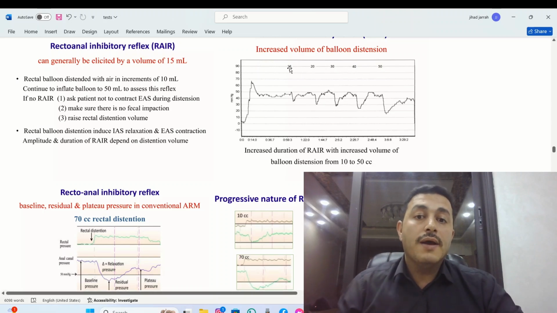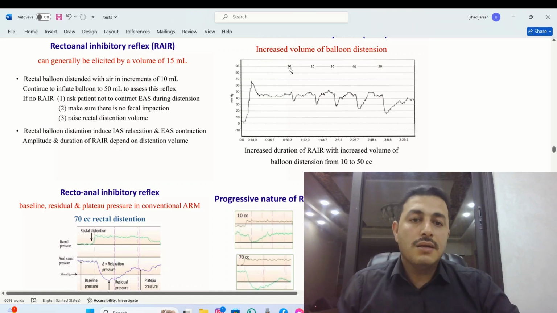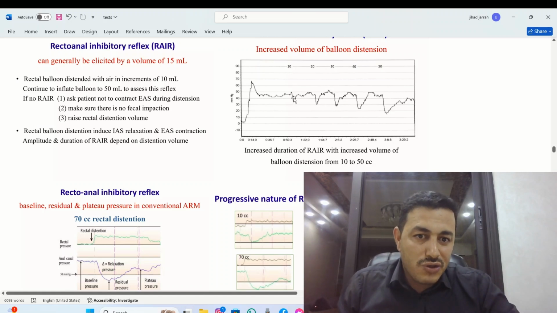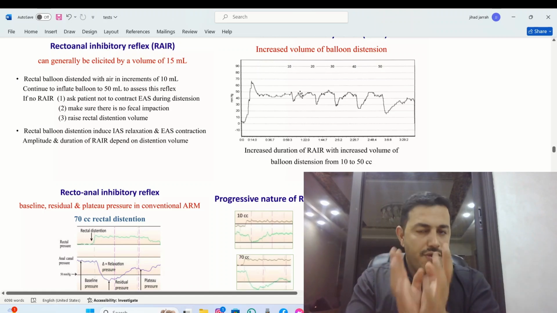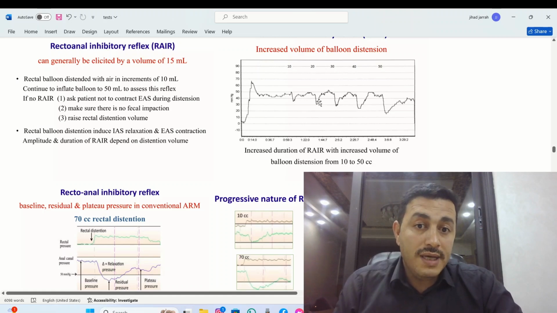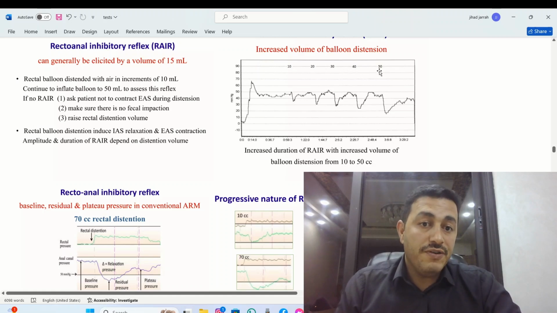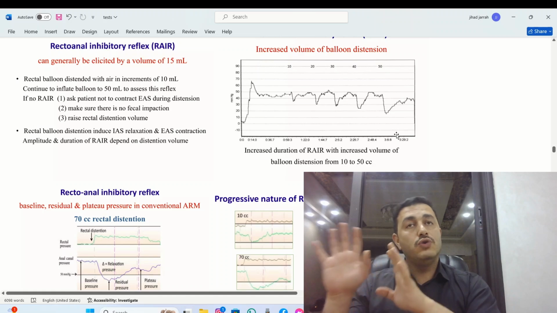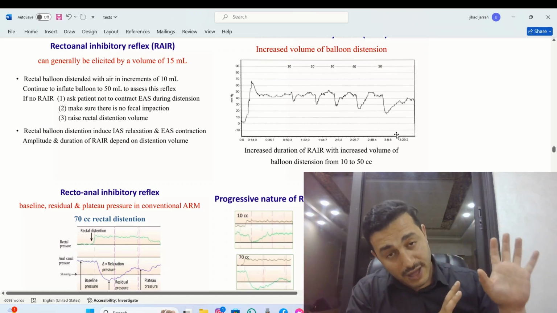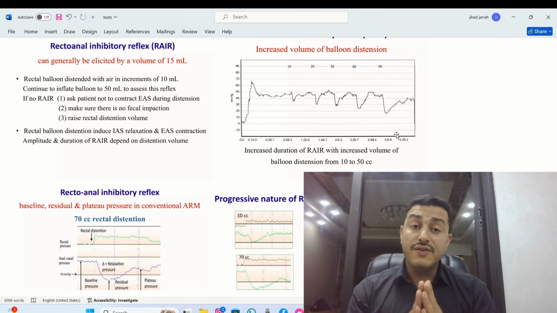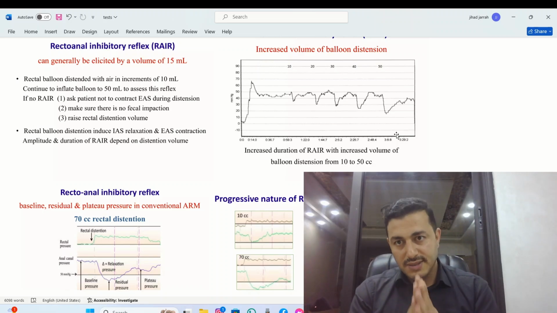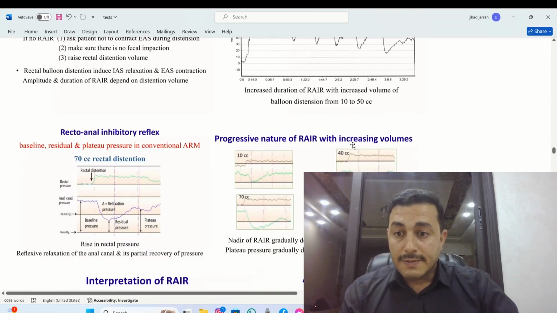Here we distend the balloon with 10 cc of water, the resting pressure decreases a little bit, and this is called the RAIR reflex. Here, 20 more, 40 more, 50 more. This actually occurs due to the myenteric plexus located in the rectum, and absence of the RAIR reflex may be due to Hirschsprung disease. We will talk about it.